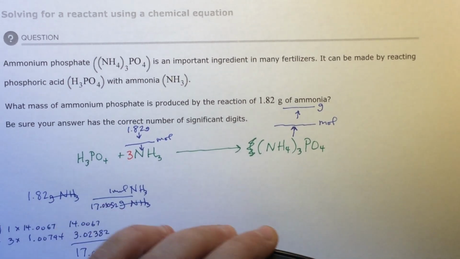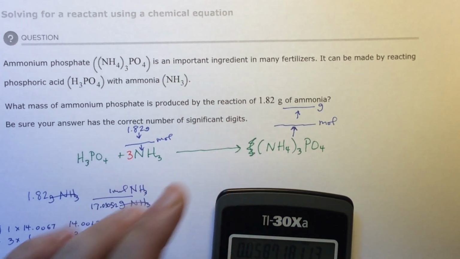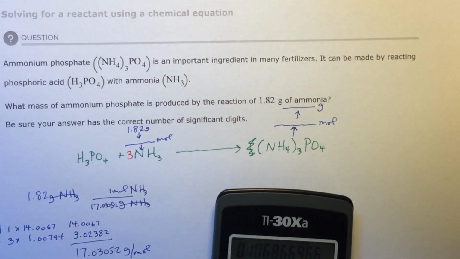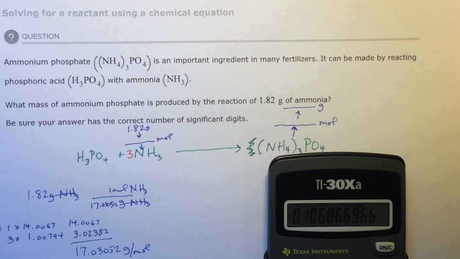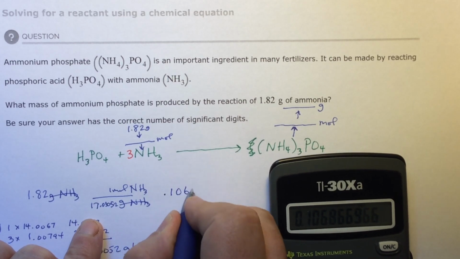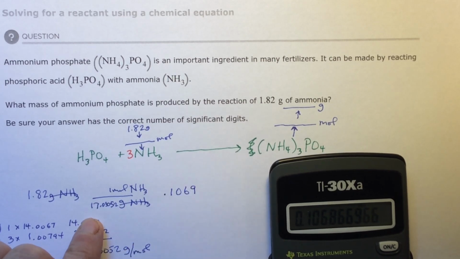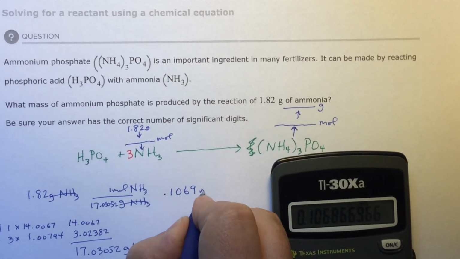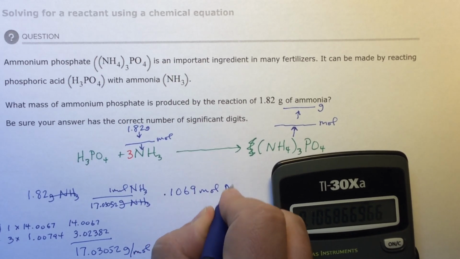Okay. So I'm going to divide that out. 1.82 divided by 17, and I get 0.1069 moles of ammonia.